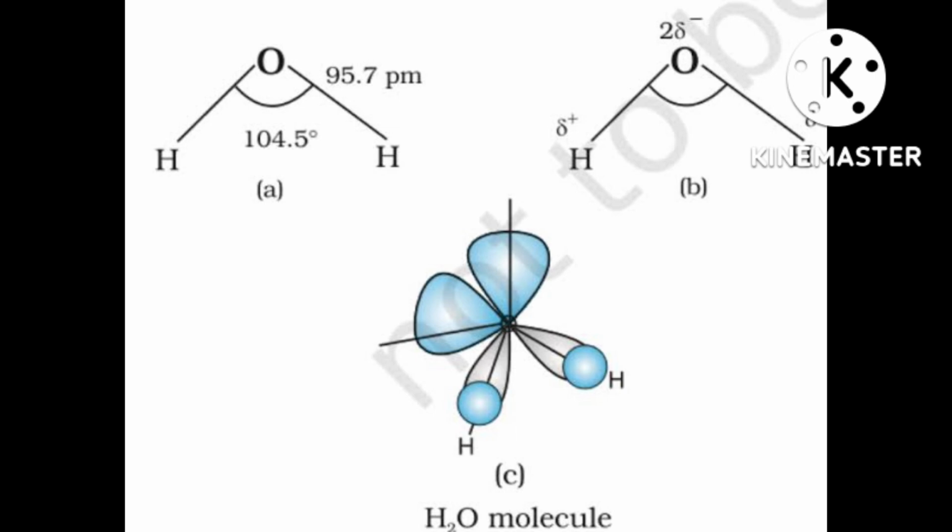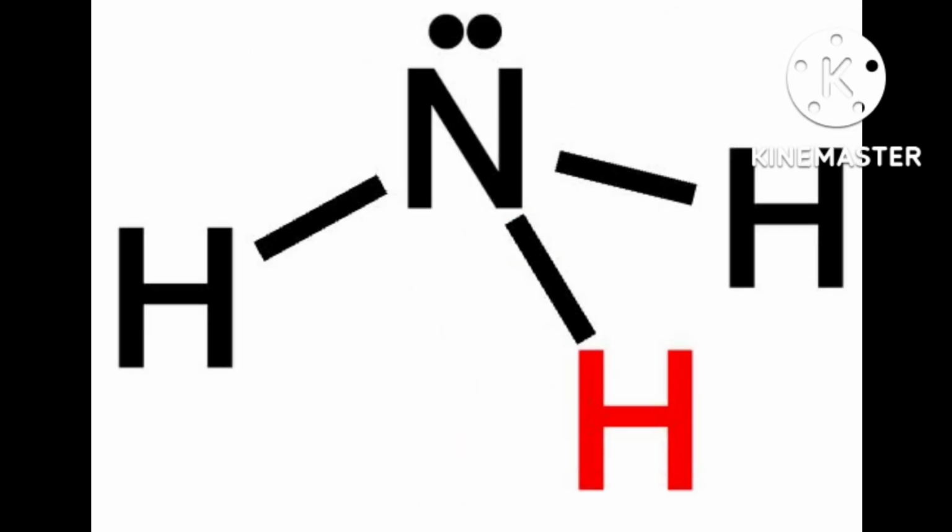That's why the S character is only 25% and the P character is 75%. That's why if you see the shape, S will show very little, and P will be big, a dumbbell.